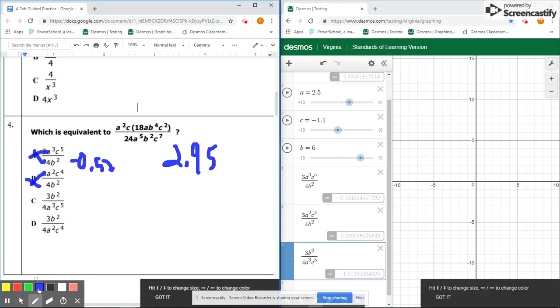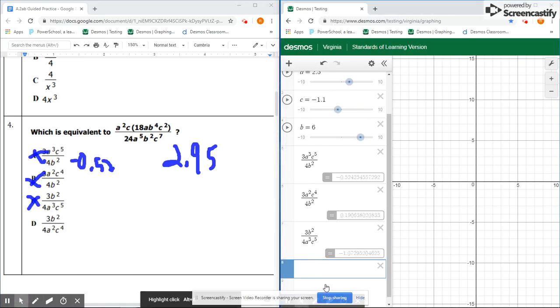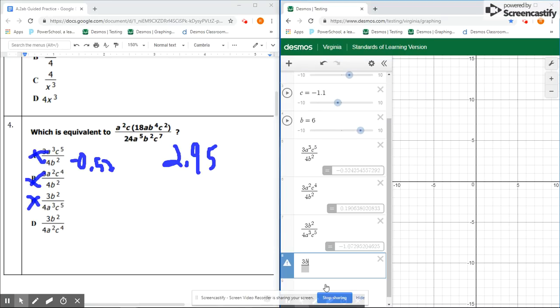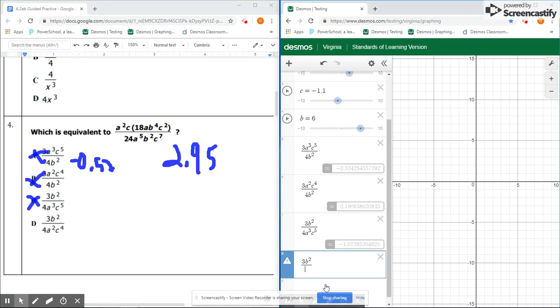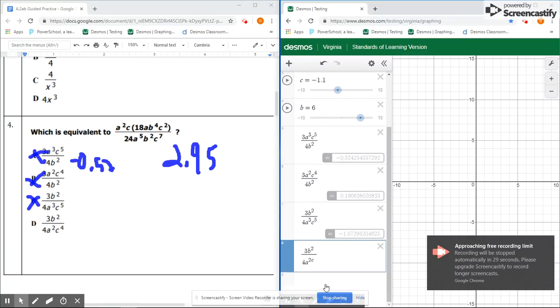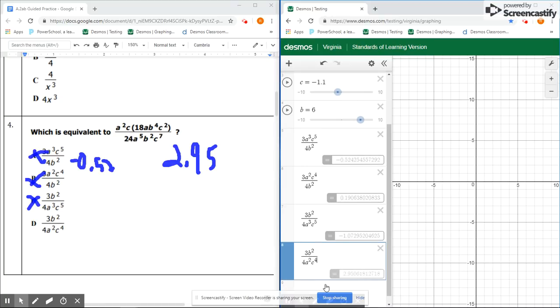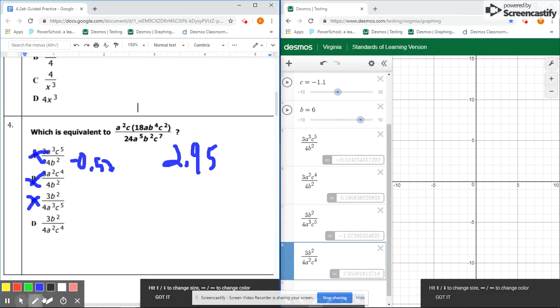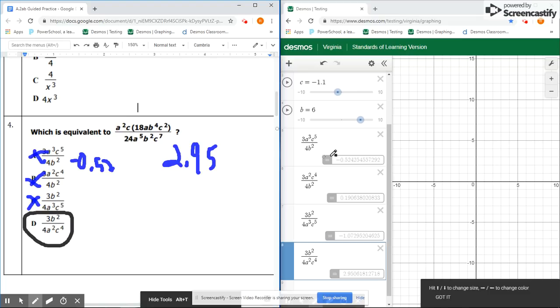That does not look to be the answer. So it must be D, but we have to check it just in case. Maybe I messed up on the first 3. We have fraction bar 3b squared divided by 4a squared c to the 4th. All right, and that is 2.95, so that is in fact our answer. All right, so for all these, we just typed into Desmos, did the sliders, and saw which one of our answers matched.